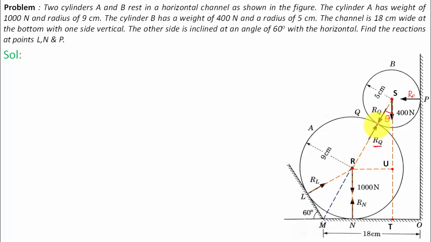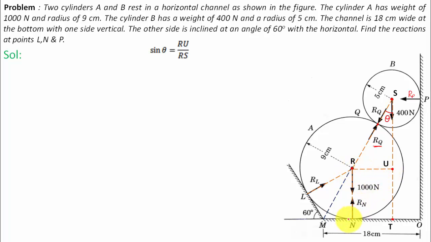This is 9 from here to here, and from here to here it's 5. So 9 plus 5 is 14. But in order to calculate this angle, we need one more side. So what we're going to be doing is calculating sine theta. Sine theta here, you see, RU over RS. Opposite, that is perpendicular upon hypotenuse, RU over RS.